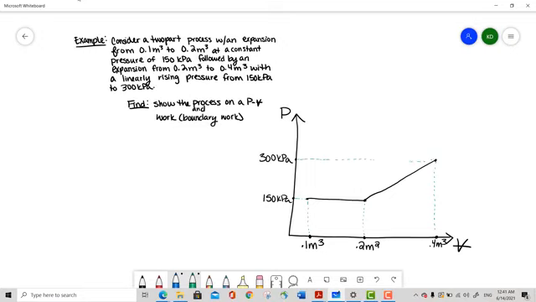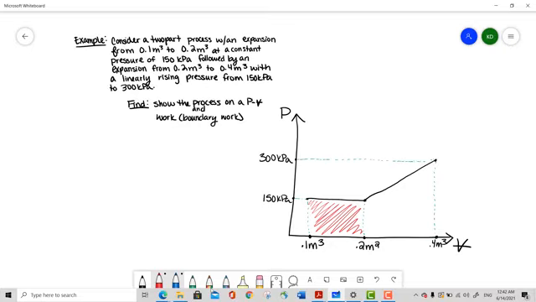So this is a two-part process, right? We went here at constant pressure, and then we expanded. And then what do we know about what's underneath here? Again, we know that it's work, right? It's a two-part process, so this is our first part, and then this is our second part.